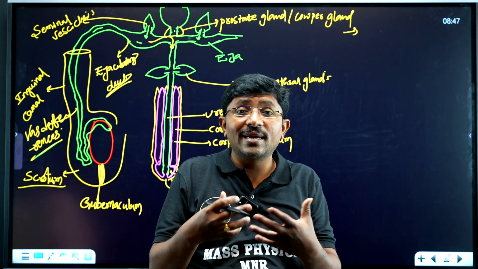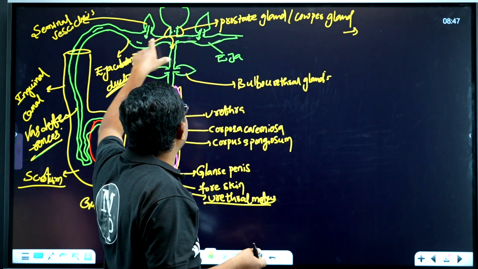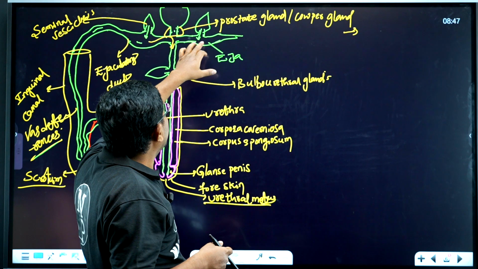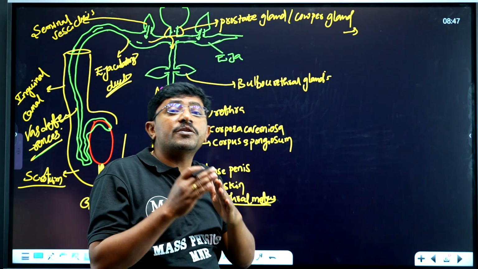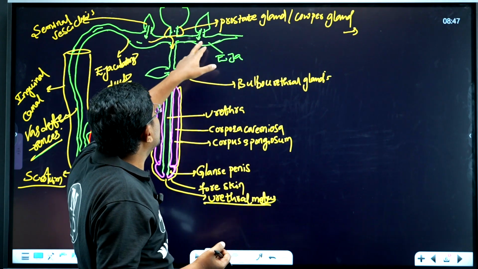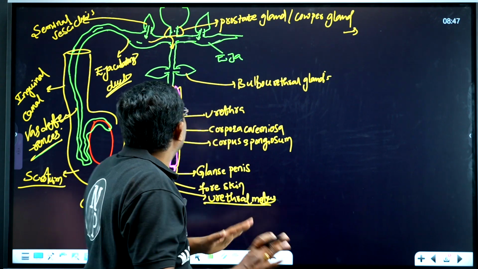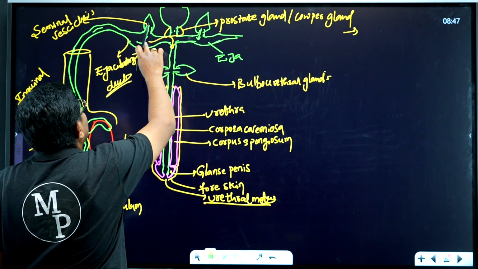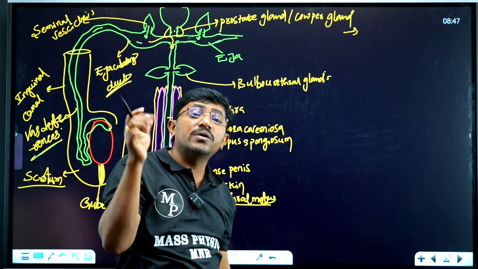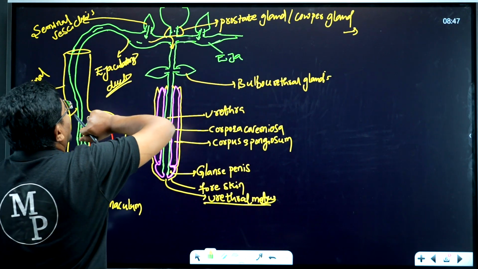The sperm cell can take nourishment and temporarily store in this swollen structure, and during that time it receives the nourishment present in the secretion of the seminal vesicles. That's why the ejaculatory duct is swollen. Temporarily the sperm cell can be stored in the ejaculatory duct.